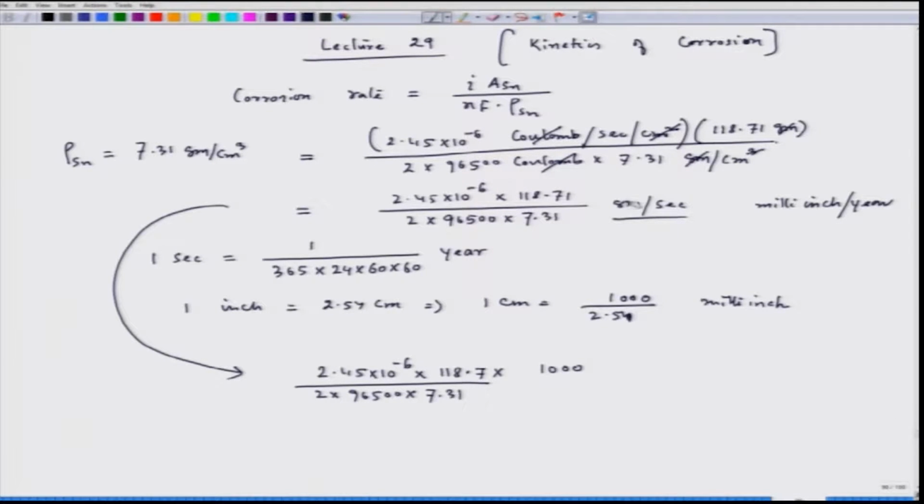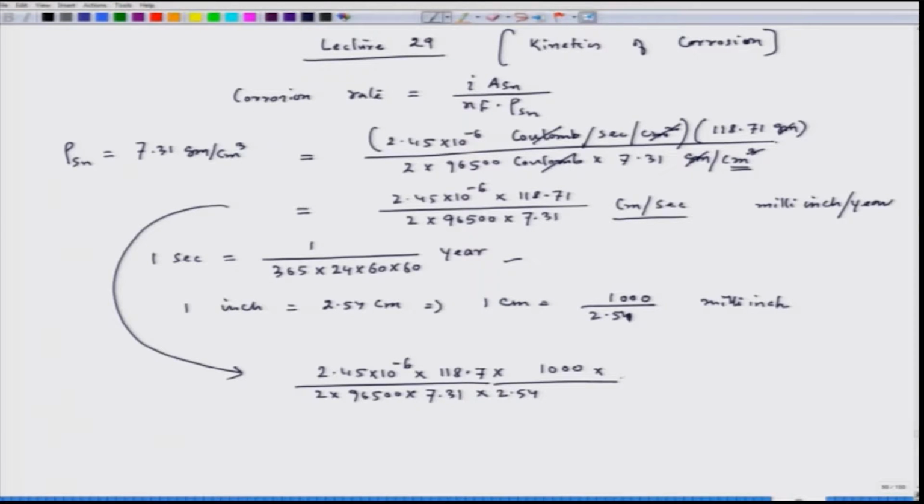Sorry, we made a mistake here, it should be centimeter, because only this part is left out. So, 1 centimeter equals 1000 by 2.54 milli-inch.